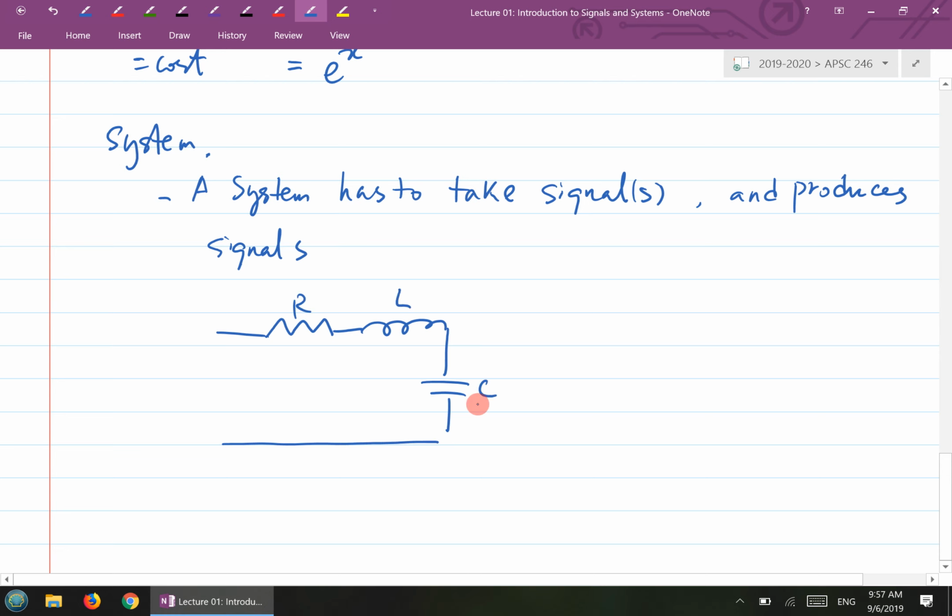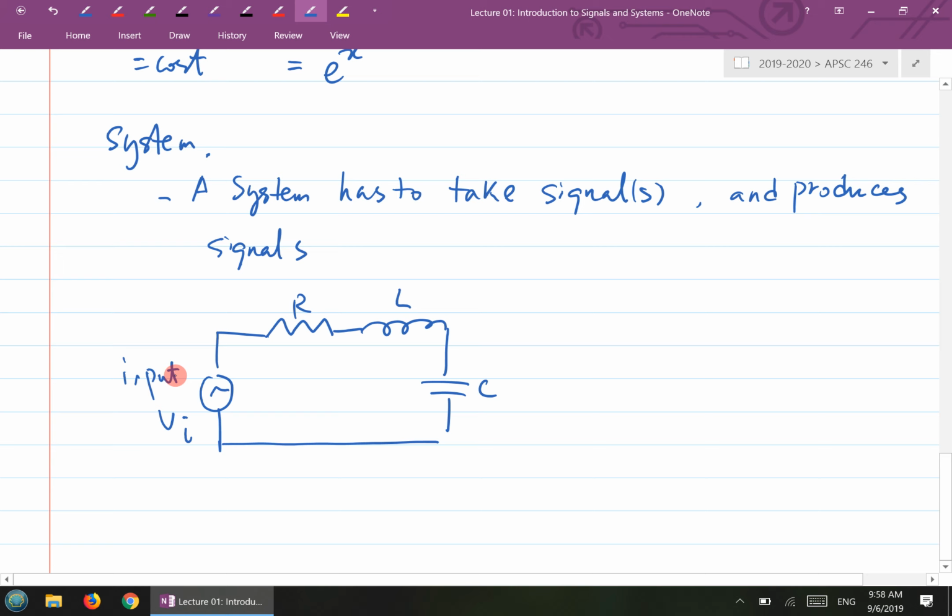And here's the RLC oscillating circuit. In your experiment, you maybe give the system some kind of a voltage input. Let's call that a voltage input. So this is the input here.